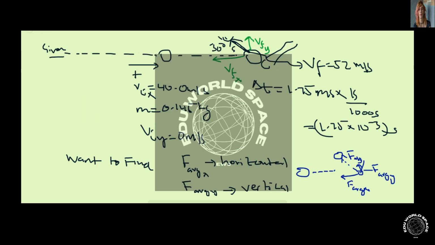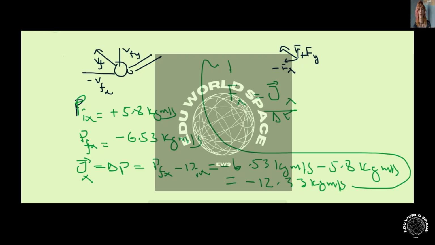Remember, the change in time from the beginning was 1.75 times 10 to the negative 3. So this is the same as negative 12.33 kilogram meters per second over 1.75 times 10 to the negative 3 seconds. And this is going to give us a final answer for the horizontal force.